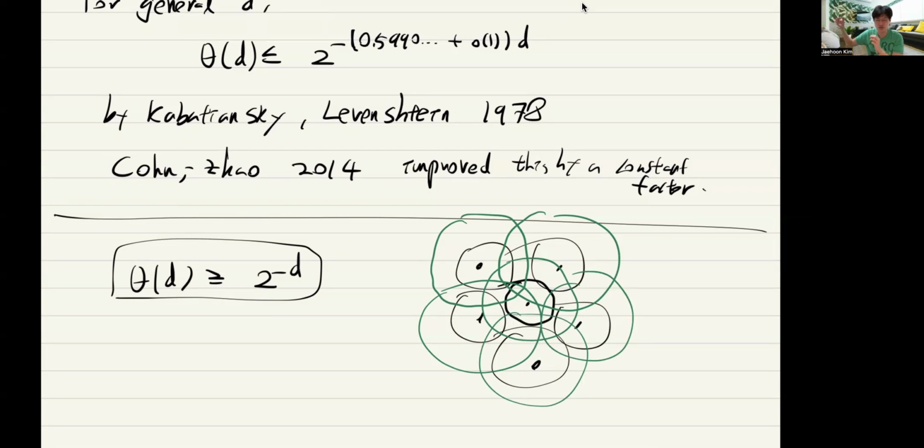Then I claim that every point on the space should be covered. Why? If some point is not covered, then it is at least distance 2 from every center of every sphere.